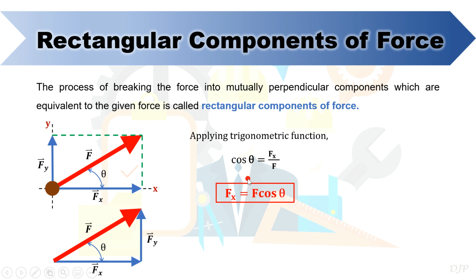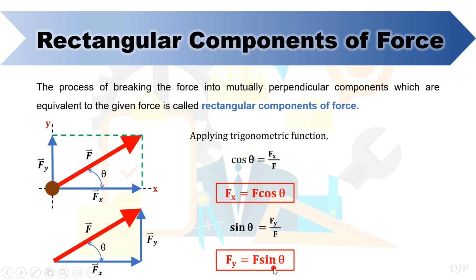In the same way, we can also write sine of angle theta is equal to F sub y over F, or commonly, this form is usually applied by students during problem solving.